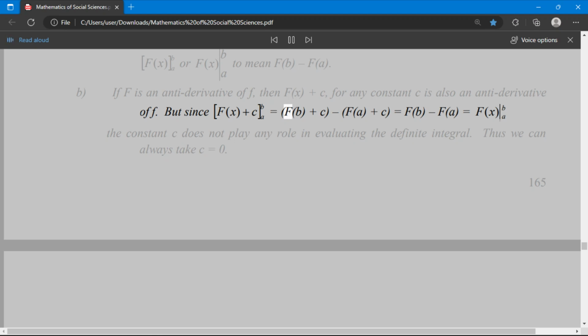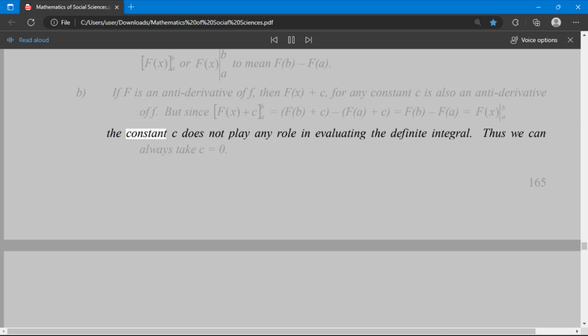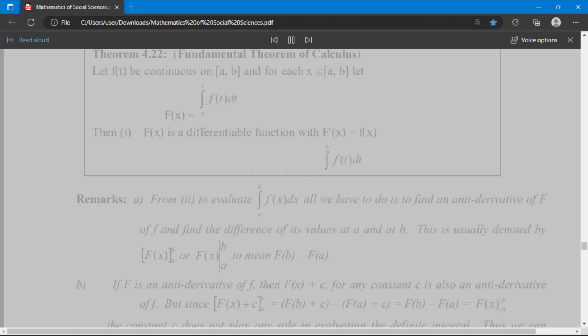But since [F(x) + c] from a to b equals (F(b) + c) − (F(a) + c) equals F(b) − F(a), the constant c does not play any role in evaluating the definite integral. Thus we can always take c equals 0.